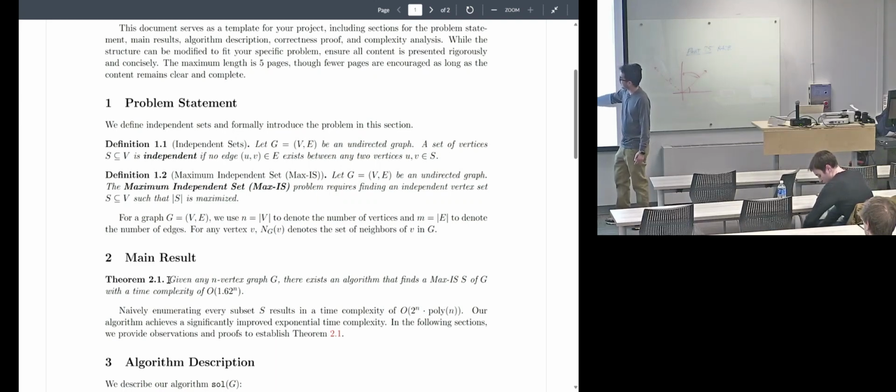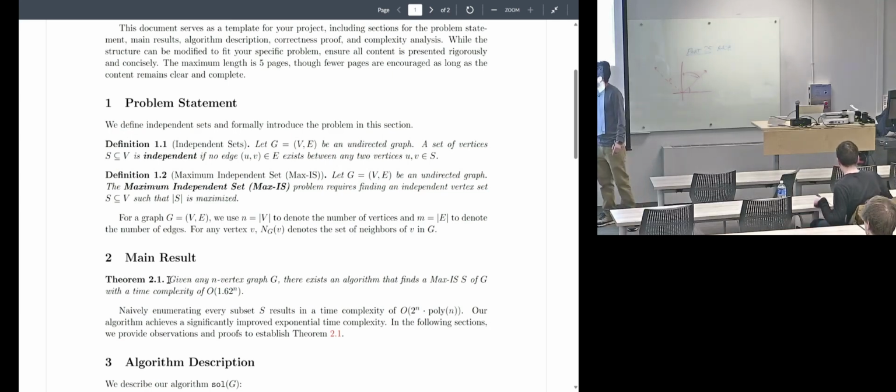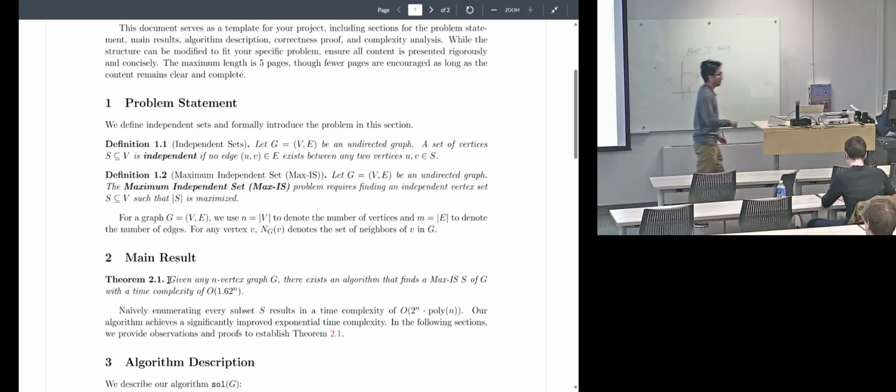Before stating this, to make it make sense at all, you might need to set up what everything means. So there's some problem statement, and you can set up all the definitions you need in one short section, and then just state what the result is.